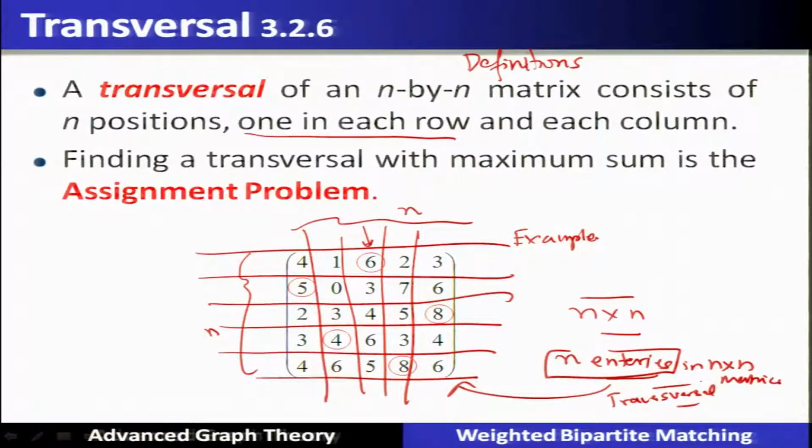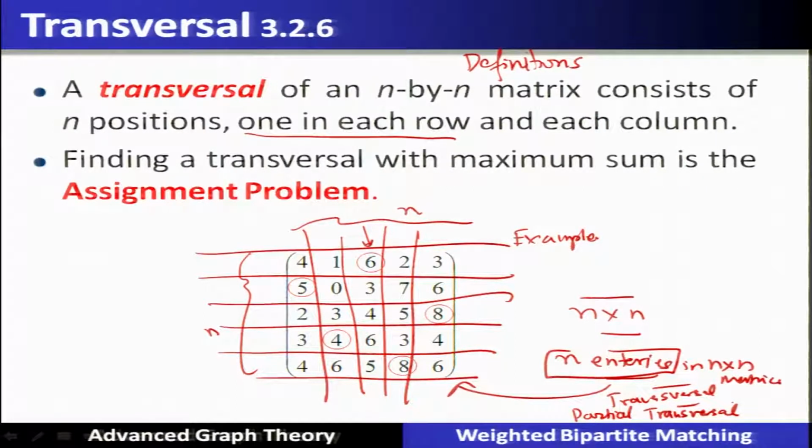If not all n positions are identified, but every row or every column fixes up at most one position, and not all n positions are identified, then it is called a partial transversal. These two terms we are going to use in this discussion.